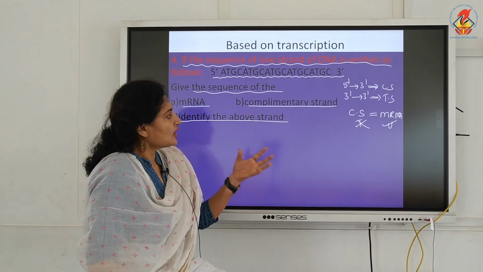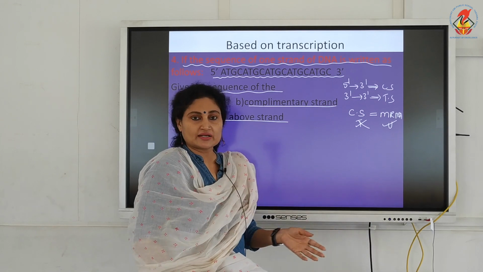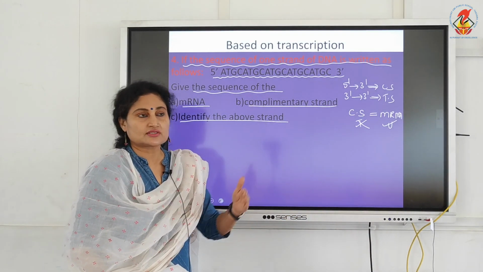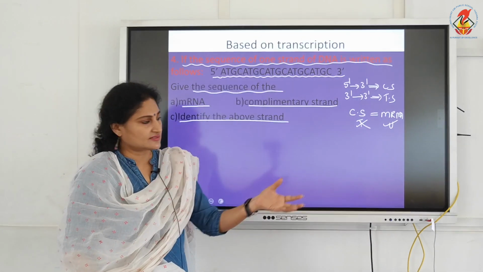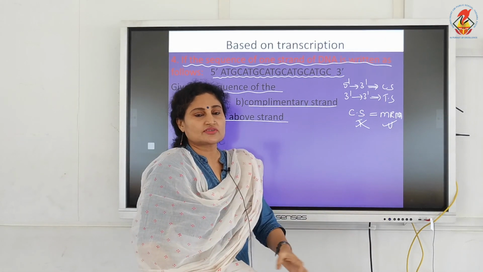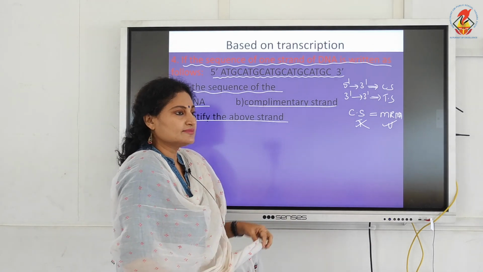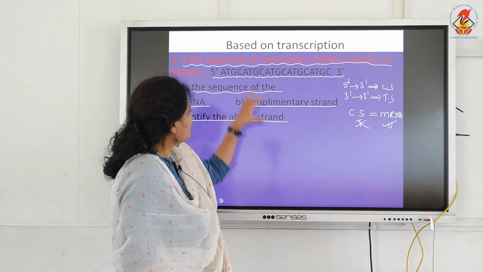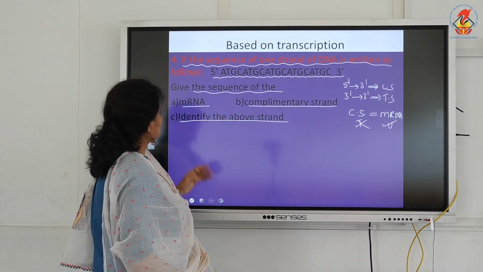So they give you a coding strand and they ask you to find the mRNA. You need not track the process of protein synthesis, transcription, translation. Just remember, coding strand is exactly similar to the mRNA, only that T should be replaced by U. So having this in mind, you can work this problem.